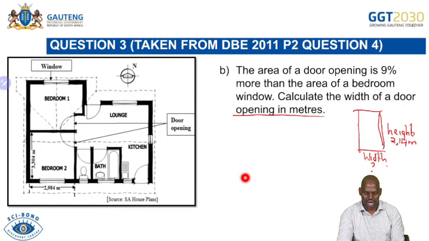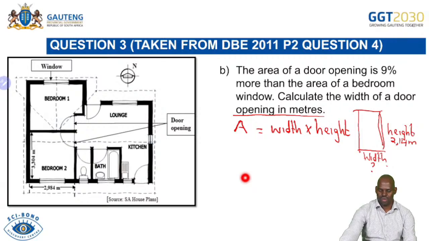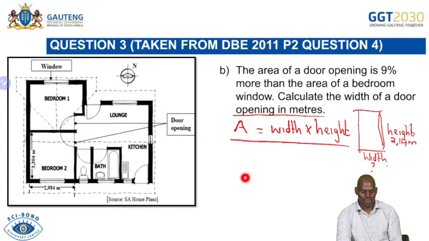Then they say the area of a door opening is 9% more. The area of the door must be width multiplied by height. In this formula, we've got three unknowns. So it's area equals width multiplied by height. In order to calculate any one of the three, the two must be given. In this case, we need to calculate the width.